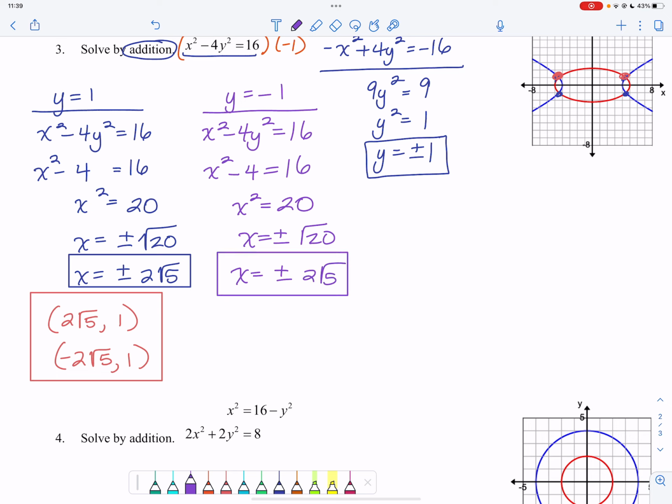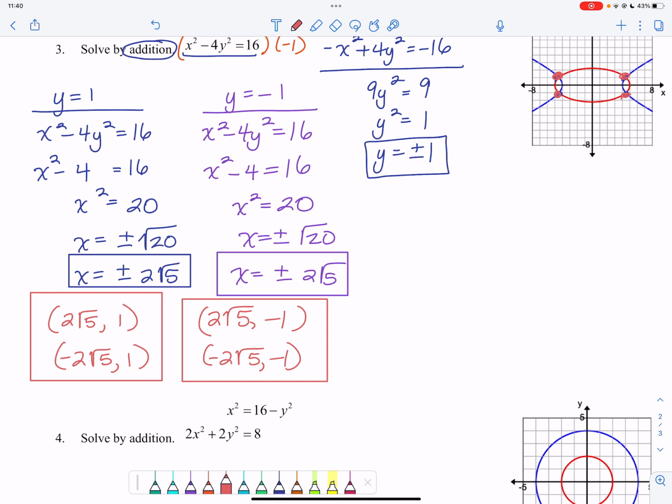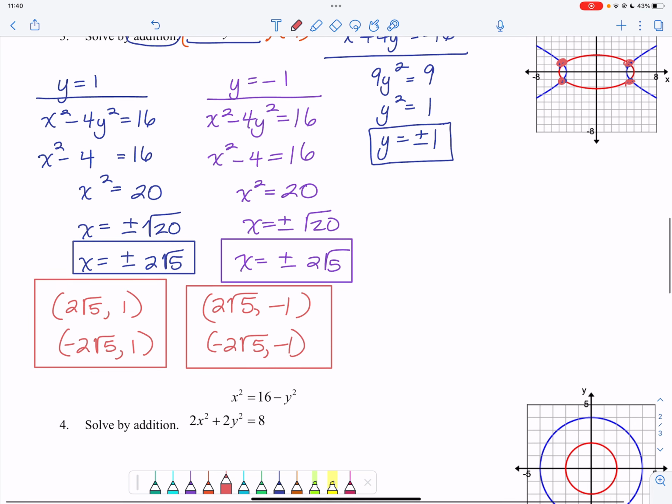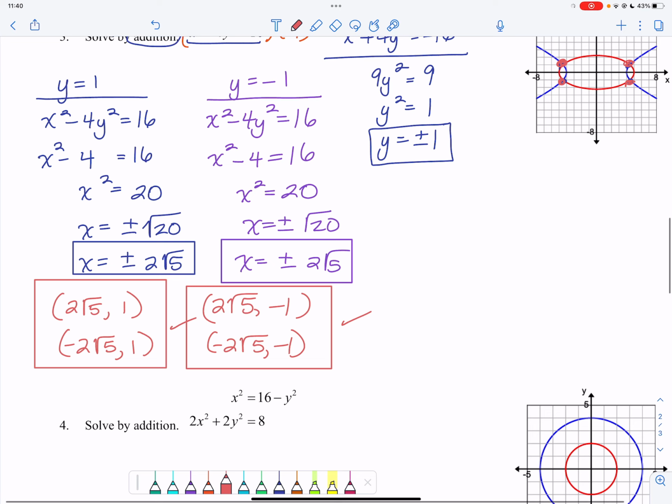So what do you notice? Yep, we have very similar. We have (2 root 5, -1), and we have the opposite of 2 root 5, -1. So there are our other 2 solutions right there. So we have 4 solutions.